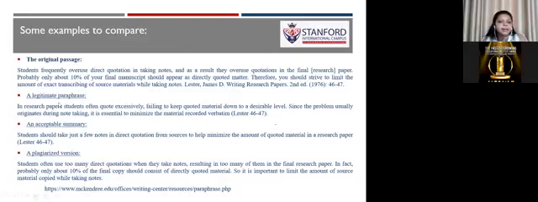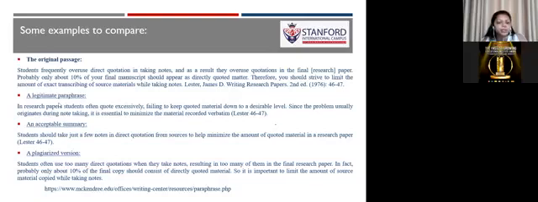And let's see an acceptable paraphrased version. In research papers, students often quote excessively, failing to keep quoted material down to a desirable level. So that is one thing. Since the problem usually originates during note taking, it is essential to minimize the material recorded verbatim.